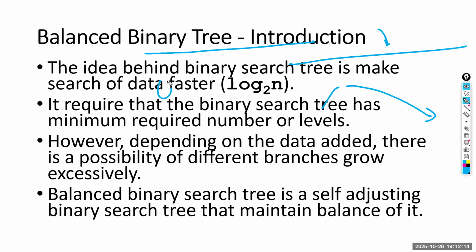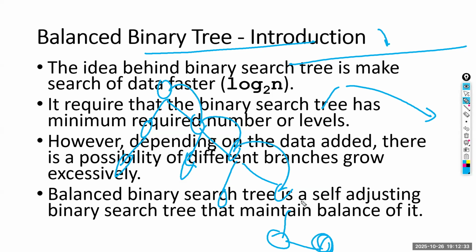Or you will end up with something like this. You see, this side is highly lengthy and this side is not that long. So the worst case, if you are searching something like this, you need to come like this.